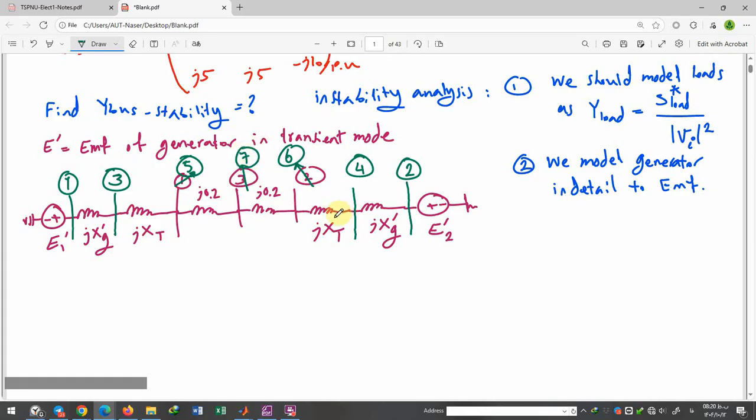So please pay attention that the first renumbering for stability analysis goes to EMF number 1, EMF number 2, reactance number 1, reactance number 2.